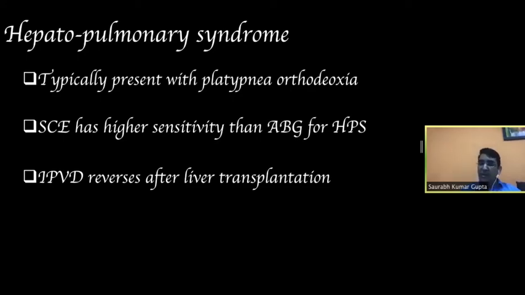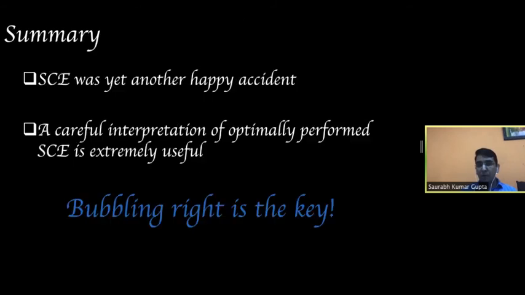More importantly, this IPVD reverses after liver transplantation, and I think a similar mechanism must apply when it disappears in cases with Abernethy malformation, because we know that in Abernethy malformation or portosystemic shunt, there is shunting away of mesenteric blood from the gut or from the liver, and it doesn't include a lot of liver substances. So this is what I think about the case.